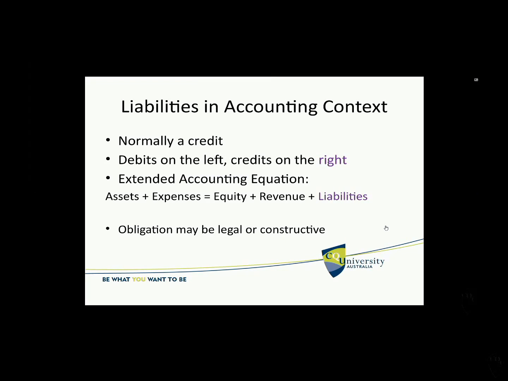A constructive obligation, a good example of that would be where a company has a warranty policy, but it finds out that it has an abnormal amount of defects beyond the warranty period. Now, paying provision for warranty is a contractual obligation, but that contractual obligation only lasts as long as the warranty period.